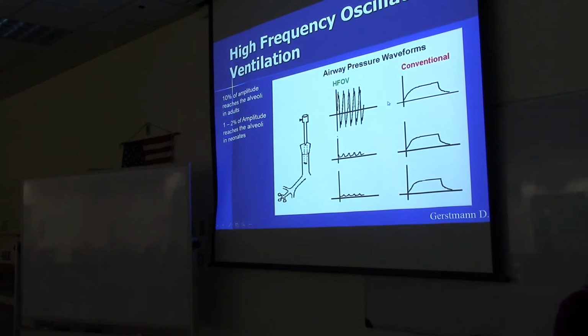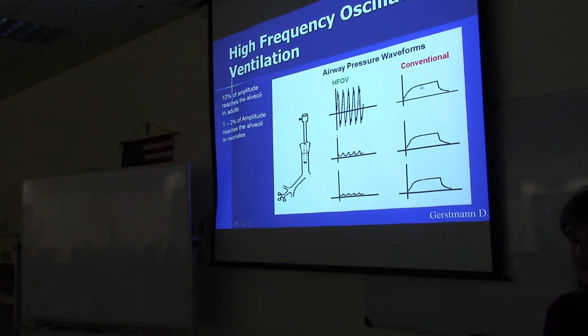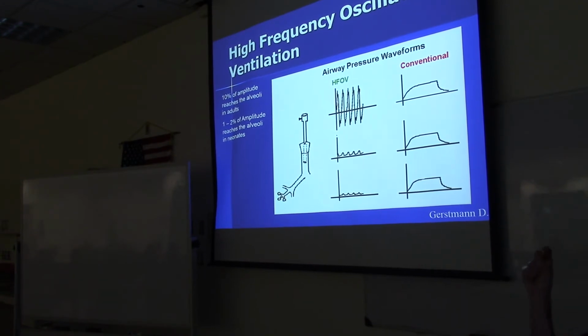When you're looking at the circuit and measuring pressures with conventional ventilation, you see pressures go up during inspiration and down during exhalation. The same thing happens in the middle airways and in the alveoli. But with high-frequency oscillatory ventilation, as the oscillations go through the conducting airways and get down to the alveoli, they become attenuated, or diminished, as they go down the airways.